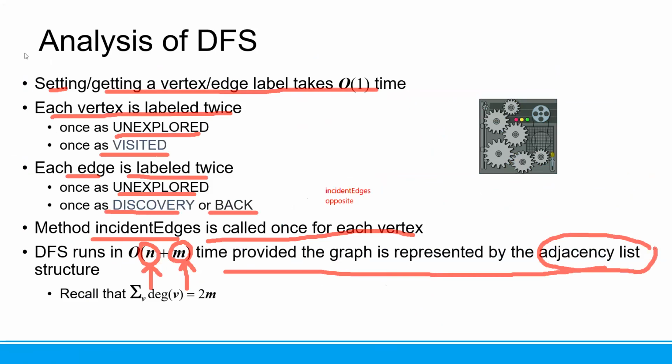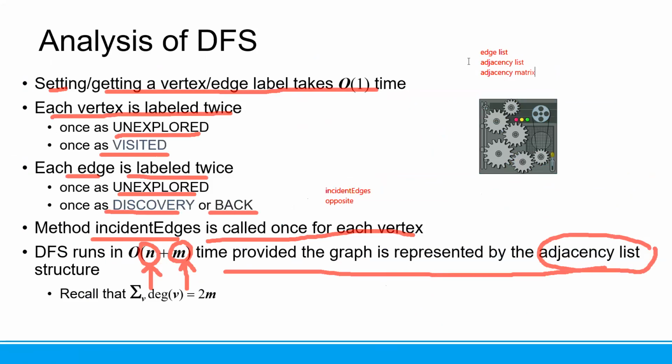Okay, you can look at the previous materials. We have three kinds of structure: the edge list, the adjacency list, and the adjacency matrix.